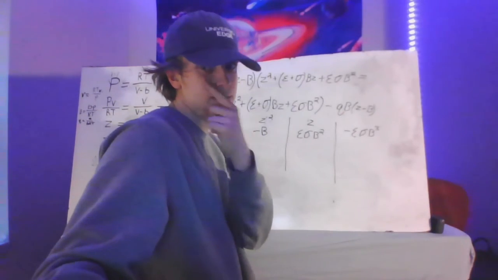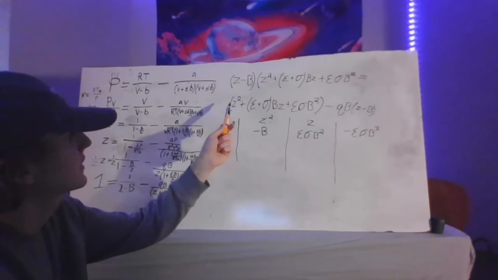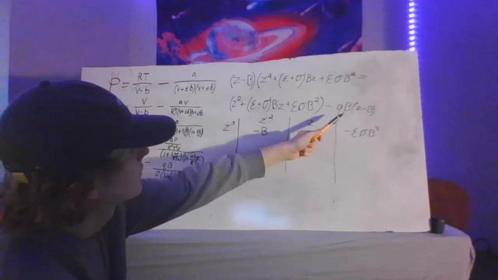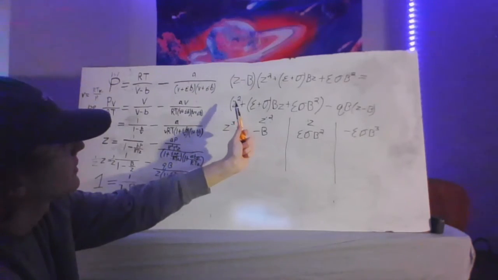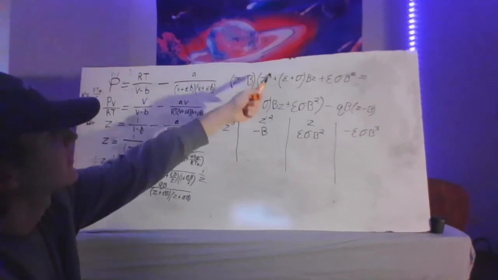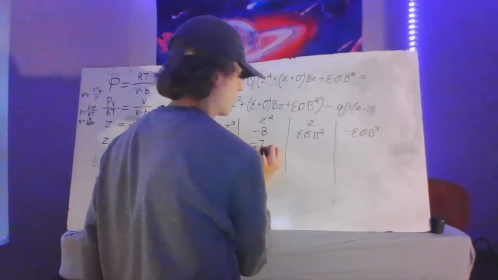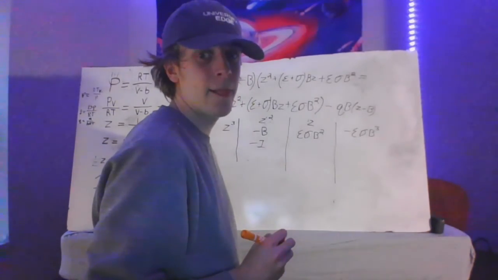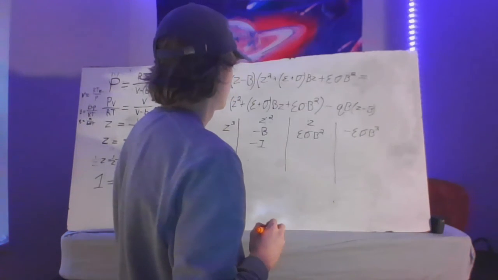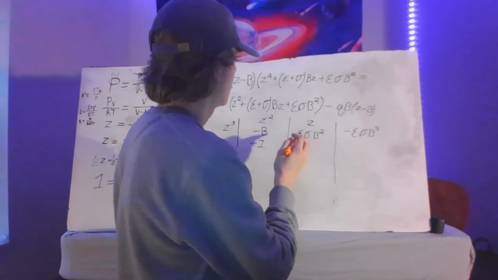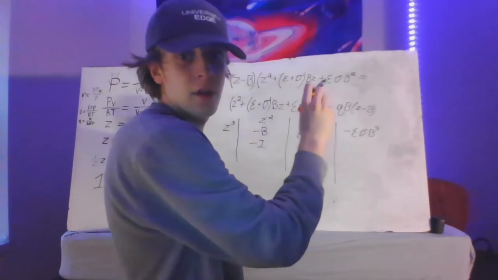And then our next Z squared value will come from multiplying this out. If we move this to the other side, we're going to want to move it all to the left side, so we'll just get negative 1 there. And then for our next Z, we're going to get that by multiplying this out.